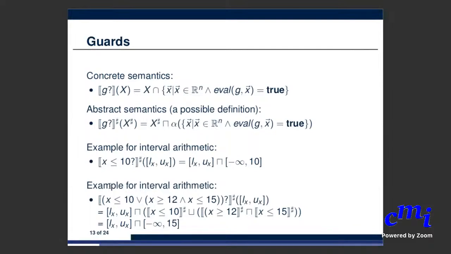So if your value expressed as an interval prior to evaluating this was Lx and Ux, you restrict this interval, like an intersection operator on that domain. That's how you define it.